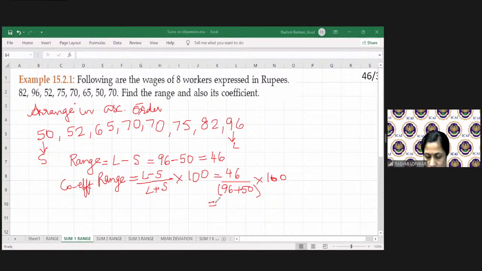So 46 divided by 146 into 100 is equal to 31.51%. Okay, right? Has everybody understood? Very good, Unna Malta and Shonaya, very good. So this is how we are supposed to do the sum.